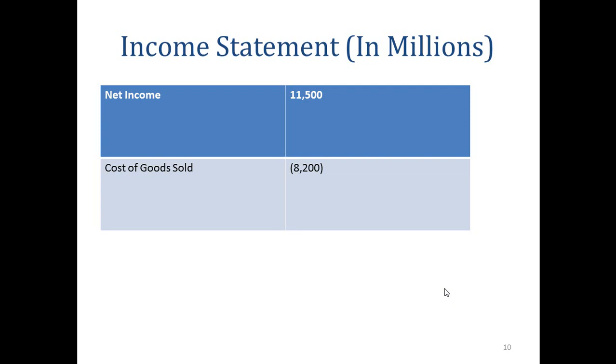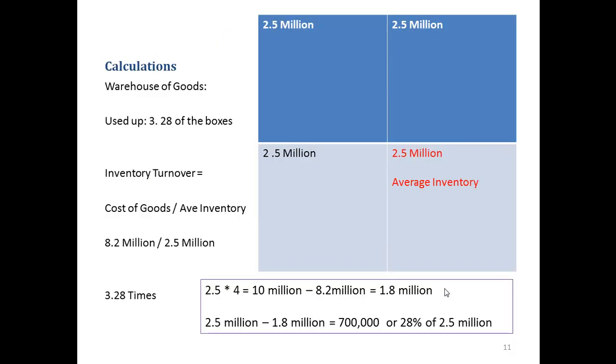If we look at our income statement within that time period, we see we made 11.5 million. Cost of goods was 8.2 million. That's pretty simple. Now, what we want to do, like we did in class, is come up with this equation: cost of goods over the average inventory. I made up a little diagram, hopefully to make this simpler.